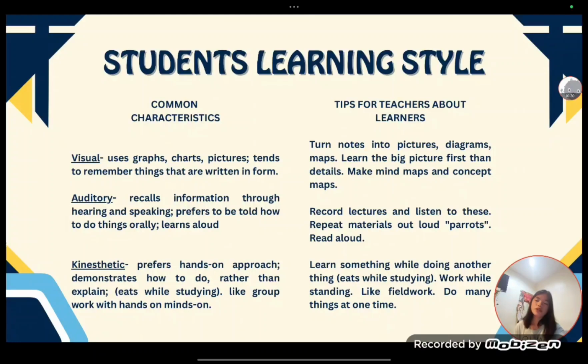Second is we have the auditory learners. So these recall information through hearing and speaking. Prefers to be told how to do things orally and learn aloud. For the tips for the teachers about the learners, record lectures and listen to them, repeat materials out loud. So they call it parrots because you need to read aloud.